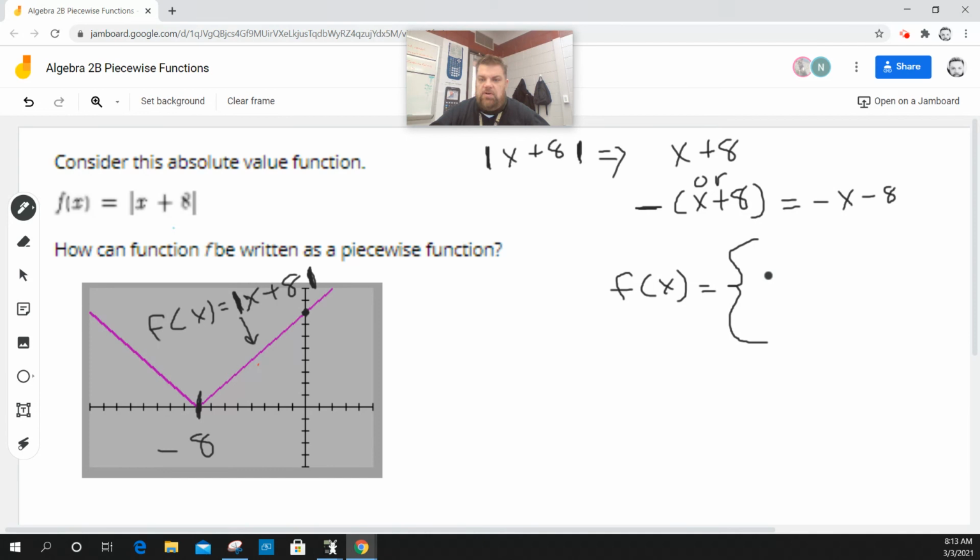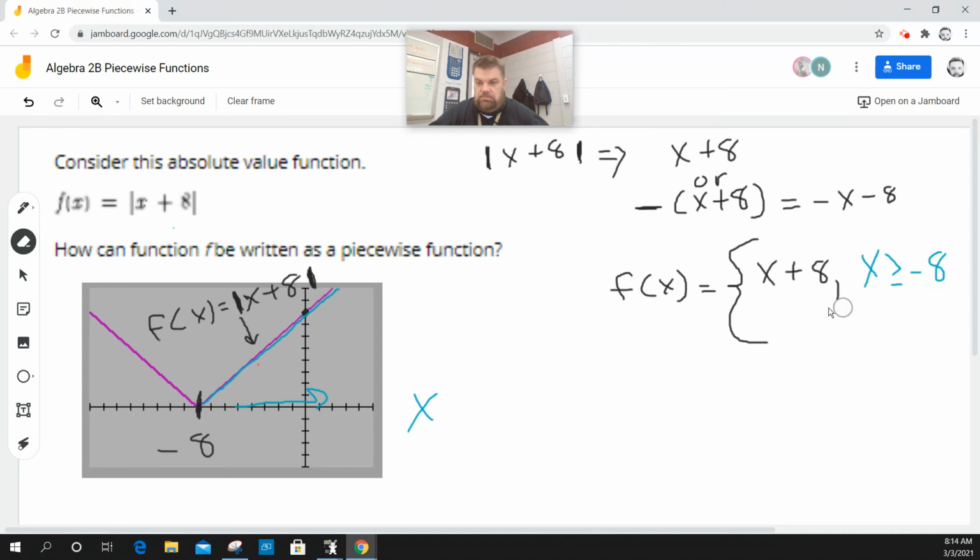I like to write it in order, but the answer is actually written out of order. So I'm going to start with the positive first, x plus 8. Well, x plus 8 occurs from negative 8 in this direction. So on my x-axis, from negative 8 or greater, in other words, when x is greater than or equal to negative 8, that's when I use this function x plus 8.